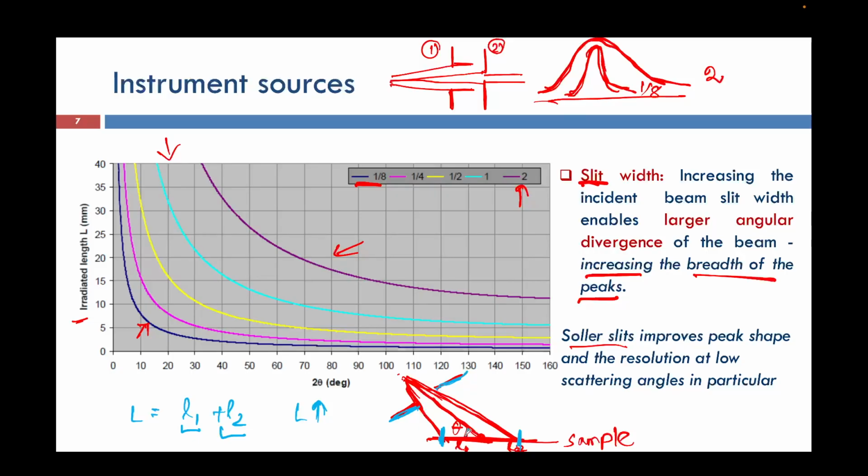You can see, if I increase the slit width, at lower angles it will give me very high broadening for a very high slit width. That is what I generally do not want, because we always want as narrow a peak as possible, because that will give us information about our material, not wrong information about the material.